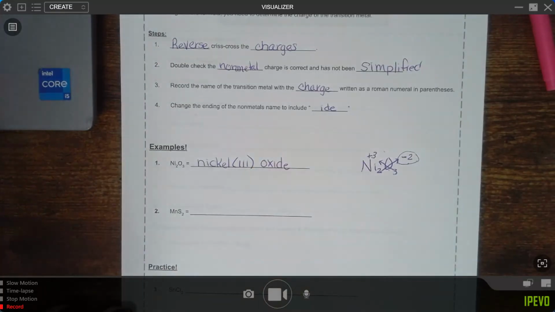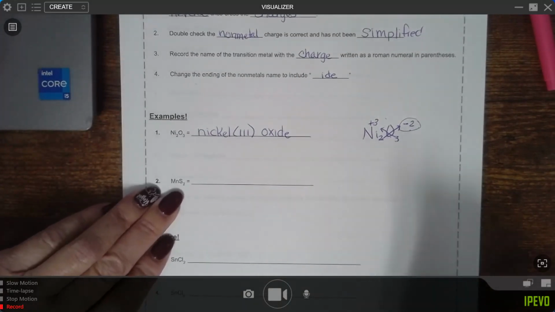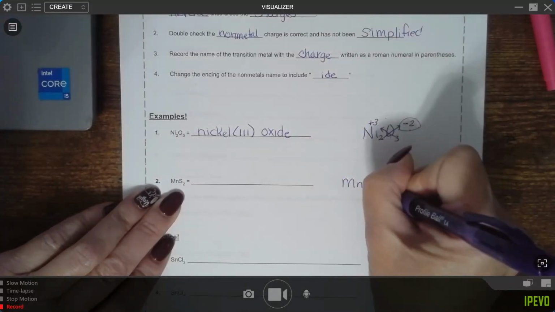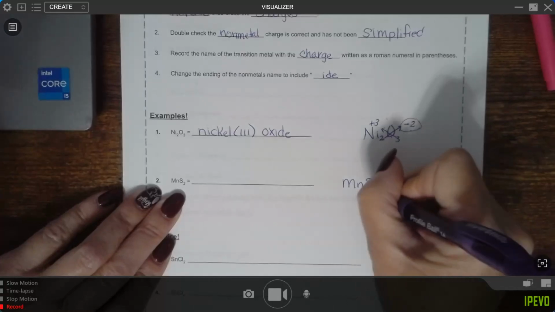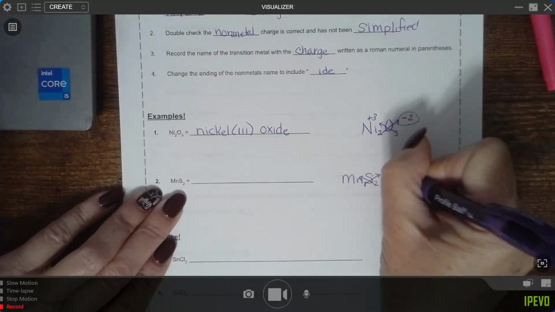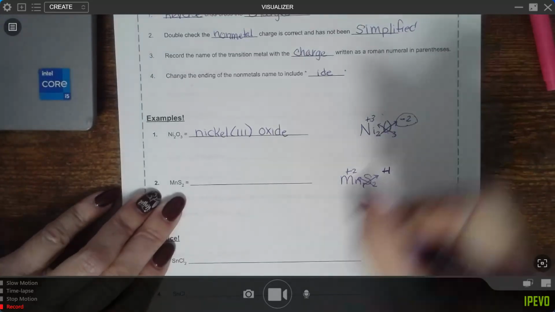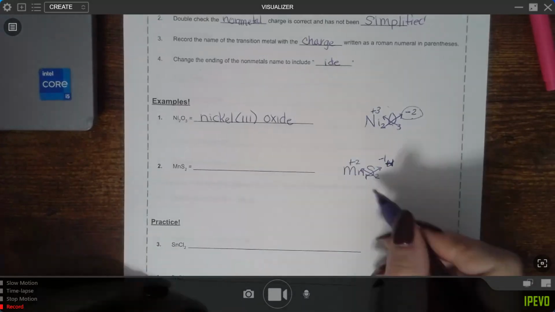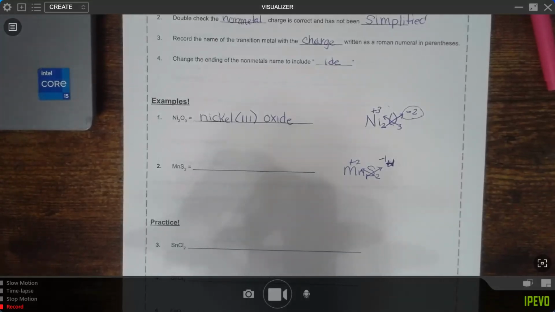All right, let's look at manganese sulfide. If we crisscross, we've got MnS2. So we assume a 1 here. If we reverse crisscross, this becomes a plus 1, or excuse me, a minus 1, and this becomes a plus 2. Now, if you look on your periodic table, the charge on sulfur is not negative 1, it's negative 2.